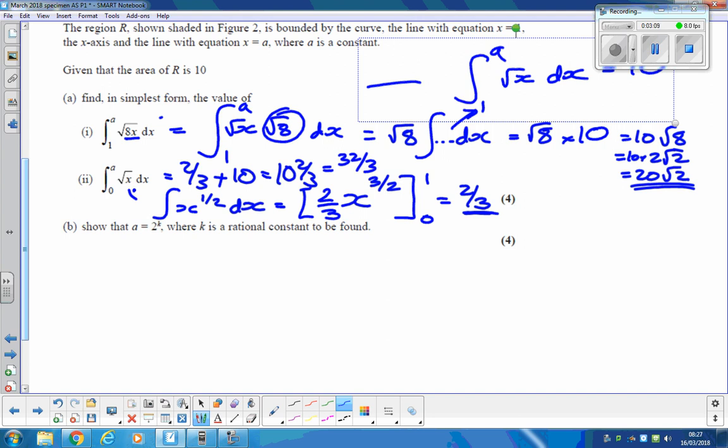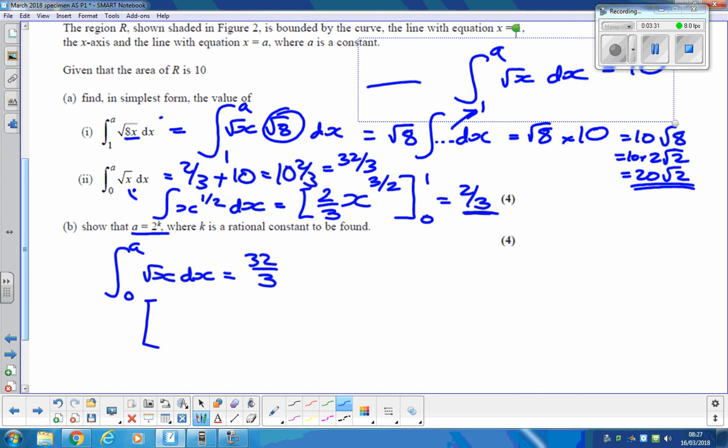Show that a is 2 to the power of k. So we're now saying that the integral between 0 and a of the square root of x dx is 32/3. Now we've got to find out what a is. We've already integrated this thing, haven't we?